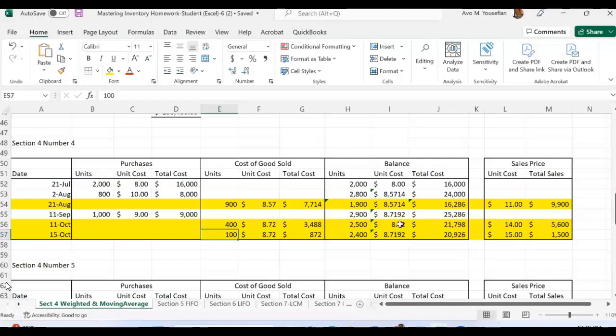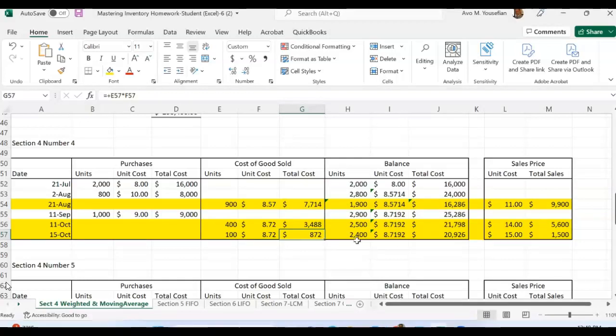The average cost is still the 8.72 whatever, right? So make sure that is also 4-digit. Okay. So 100 times that number, I-56, you see that? Gives us a total cost of goods sold of 872.